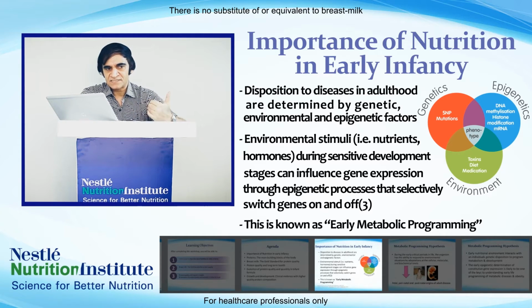Another example of this nutri-epigenetics is a famine that occurred in the Netherlands around 1944-45, and during that famine period, the entire population of the Netherlands was deprived, with huge calorie deficiency. The general calorie intake of the entire population became less than 500 kilocalories.